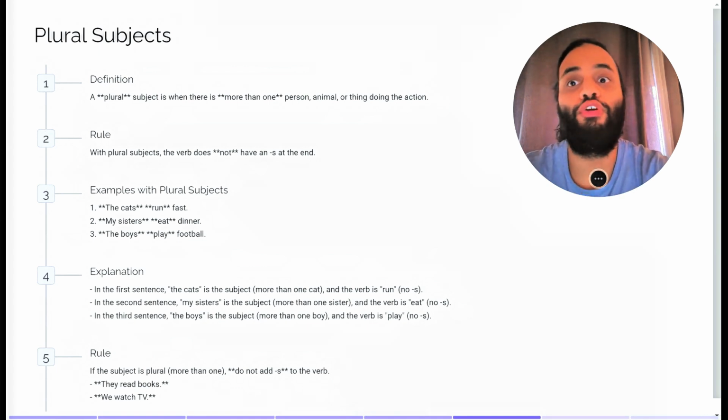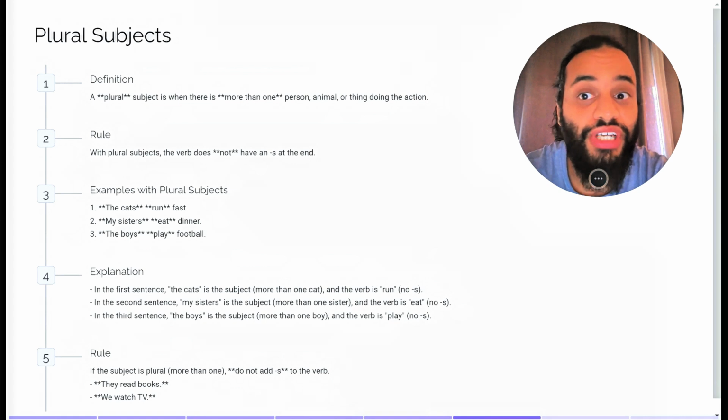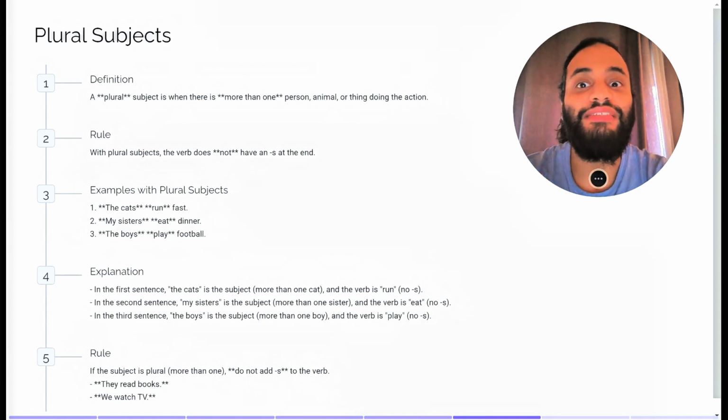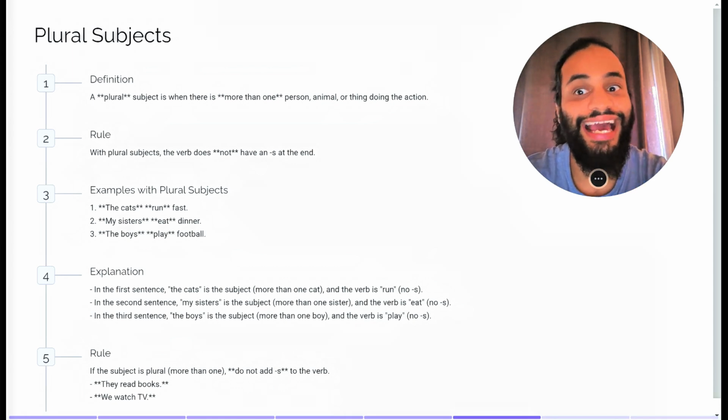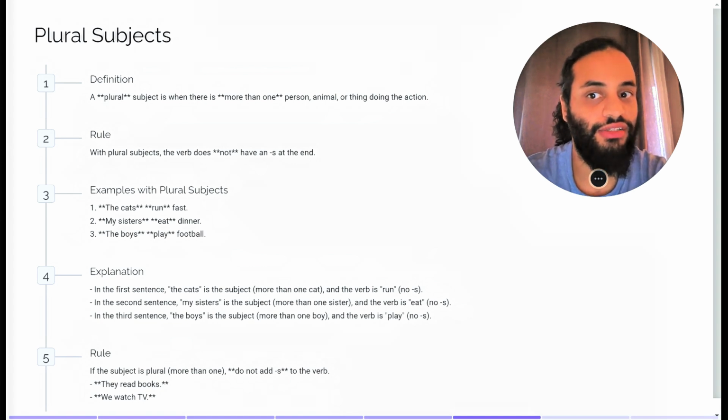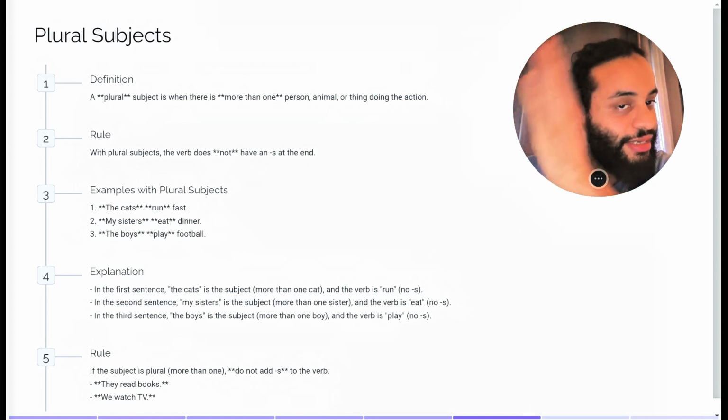Okay, so plural subjects. A plural subject is when there's more than one person or animal. So not just one. For example, the cats here, right? Cats is plural. So here, you don't add an S. You say the cats run. Do you understand? So now there's an S in the subject.